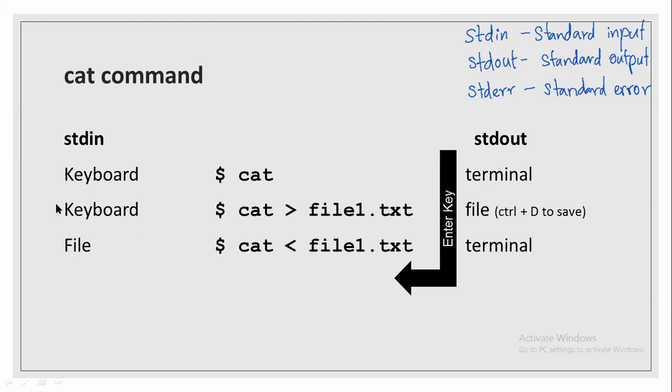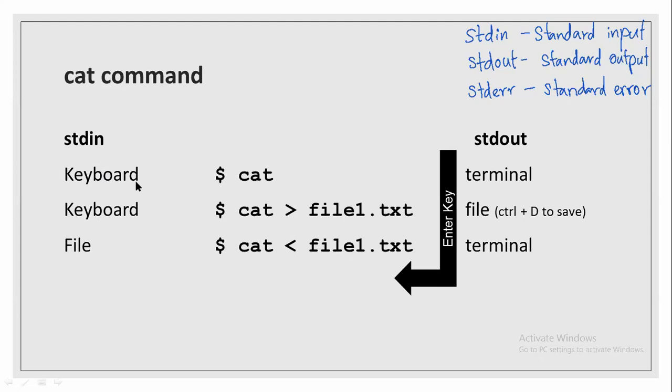Last command again. Now in here, the file is the standard input. I'm going to read some content from a file. I'm not going to type anything. I just want to read input from a file and show it in the terminal. In the first option, we were waiting until we input something.